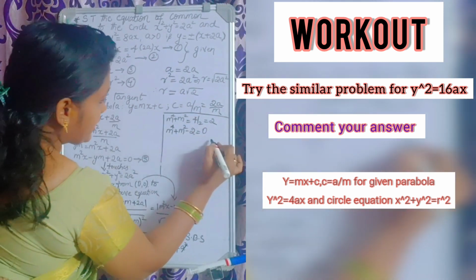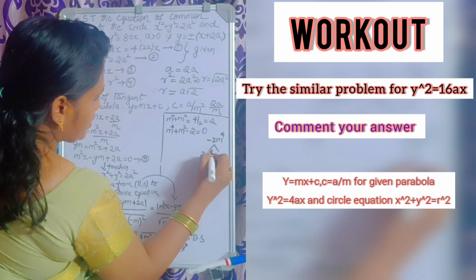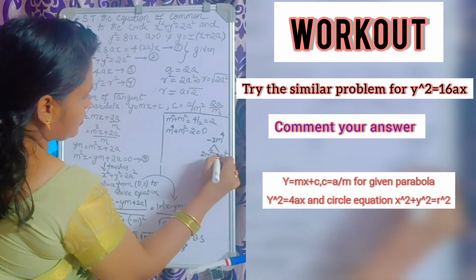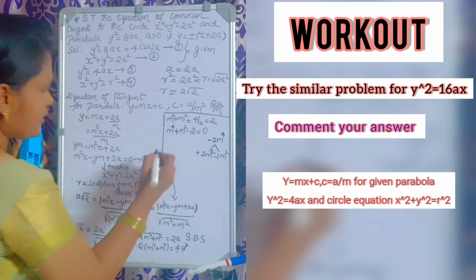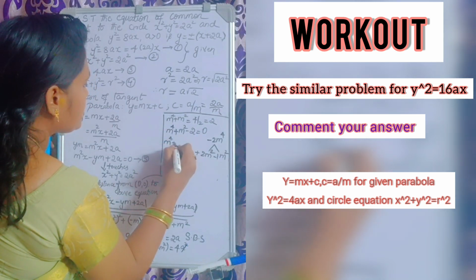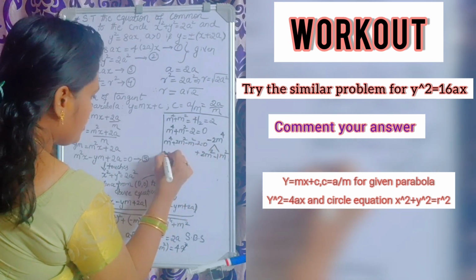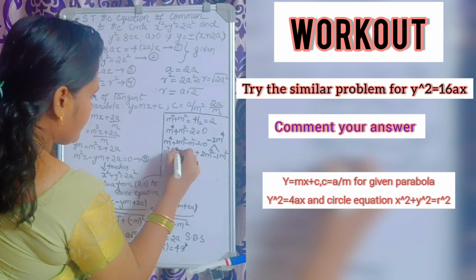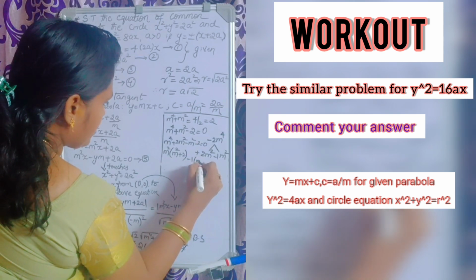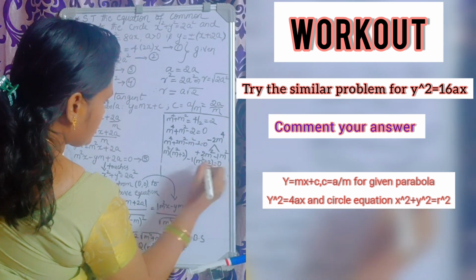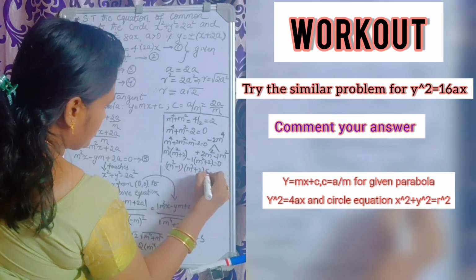If you find the factors, it is m power 4 plus 2m square minus m square minus 2 is equal to 0, or m square, if I take common, m square plus 2, and if I take minus 1 common, m square plus 2 is equal to 0, or m square minus 1 into m square plus 2 is equal to 0.